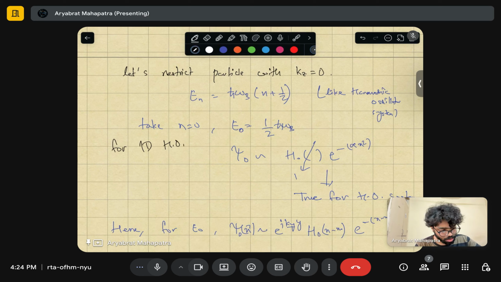So this E0 is simply half h bar omega 0. This is true for the 1D harmonic oscillator.